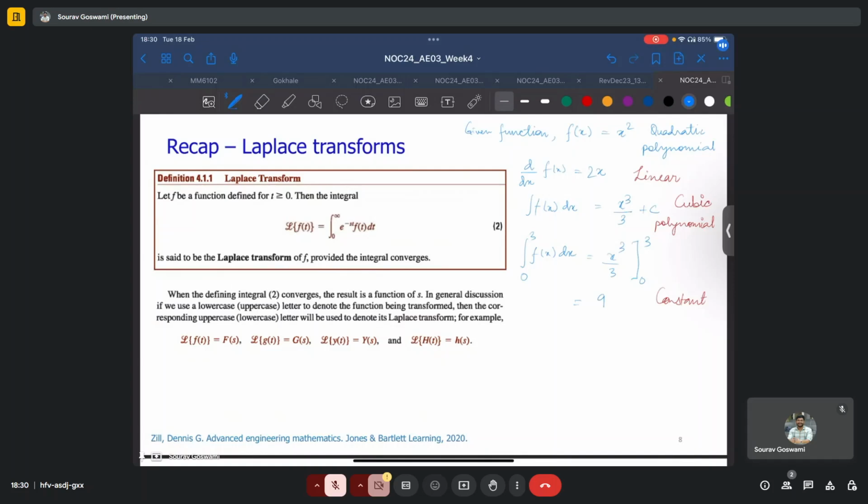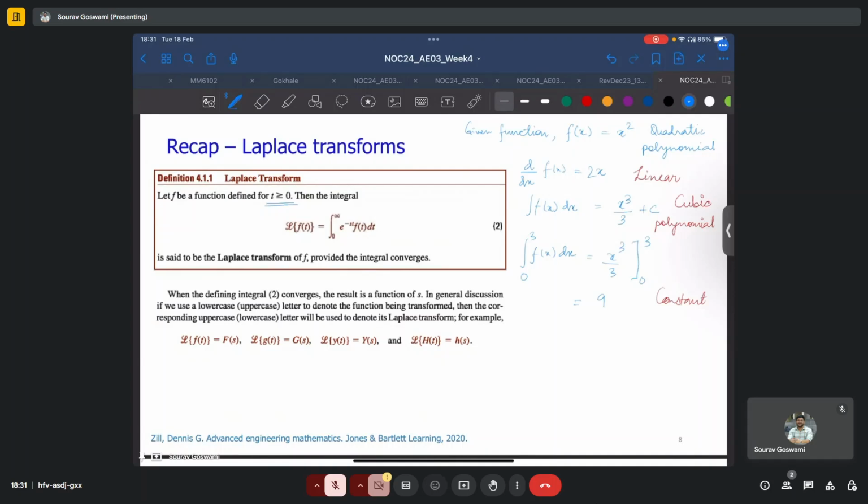So let f be the function that is given to us, and let it be a function which is defined for time t greater than or equal to 0. Then the Laplace transform of this function f of t is formally defined as the definite integral from 0 to infinity of e to the power minus st times f of t dt.